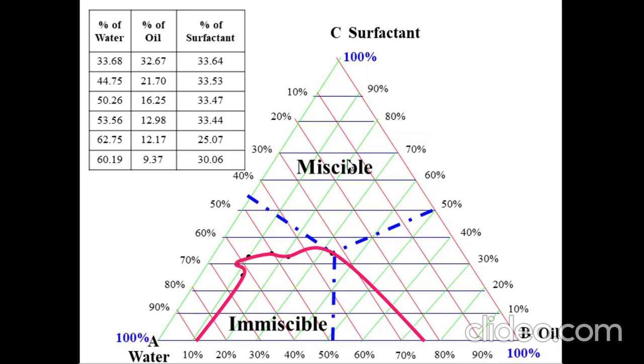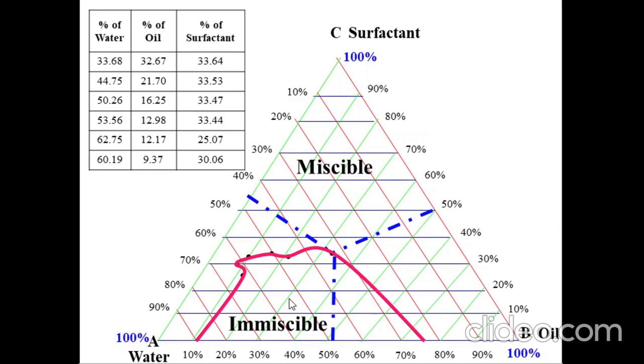So this is how the diagram distinguishes between the immiscible phase and the miscible phase. Right? So this gives you an idea of what compositions should be used in order to obtain an immiscible solvent system to extract any biomolecule.